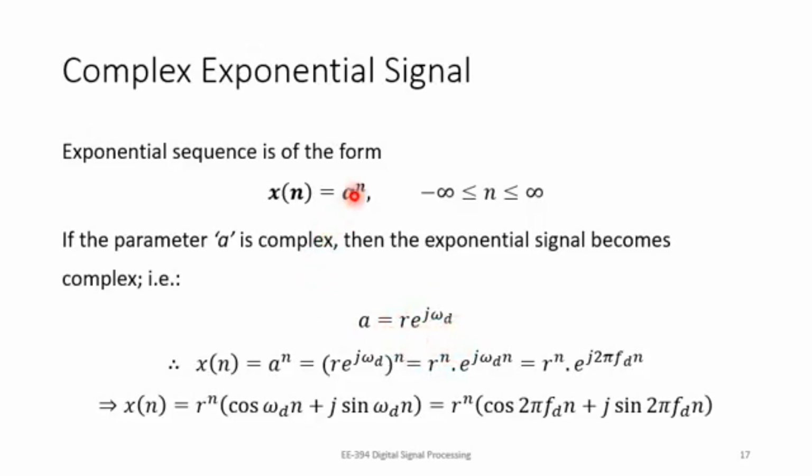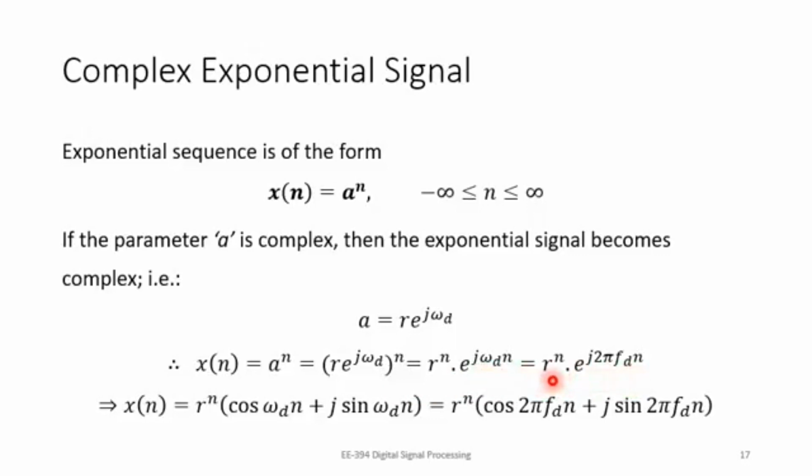Then a raised to power n will become, in place of a, I can write r e raised to power j omega d, raised to power n. If I expand this, this becomes r raised to power n into e raised to power j omega d n. And if I want to expand omega d, I can write it as 2 pi f d n.